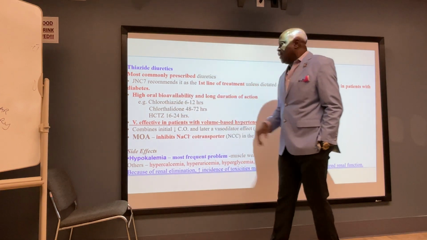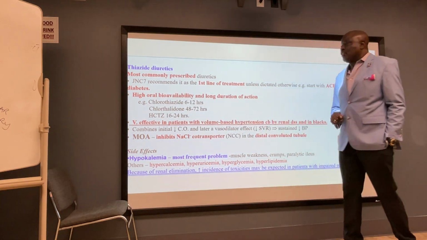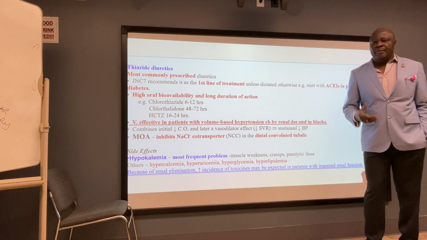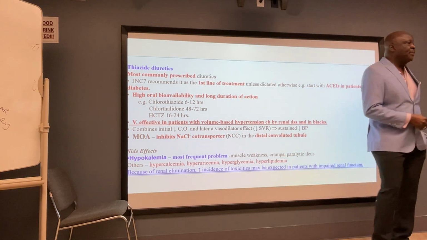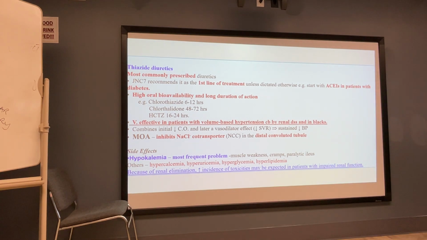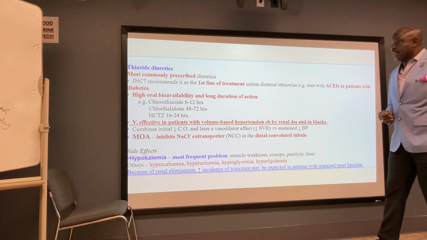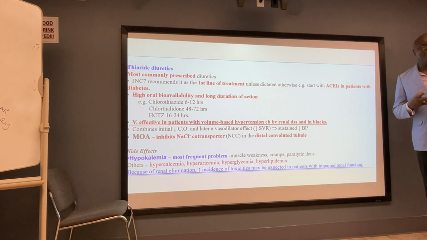I've given examples of three of them: chlorothiazide, 6 to 12 hours, chlorthalidone, 48 to 72, and hydrochlorothiazide, 16 to 24. They are very useful, especially in patients that have volume-based hypertension.